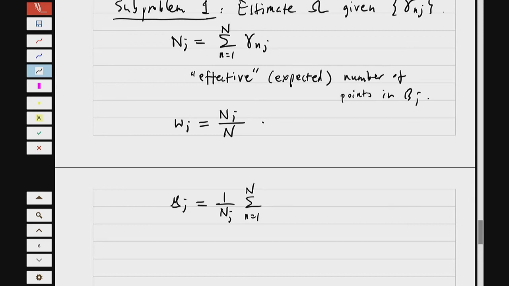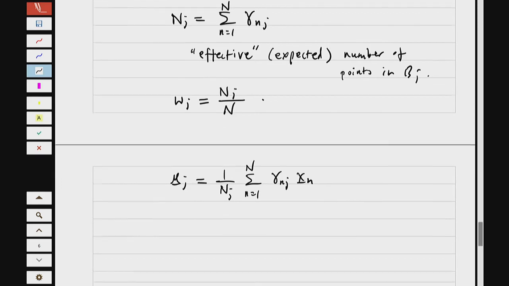So how many is the portion? Well, gamma nj, right? That portion of xn is in bump j. So this is the amount of xn that's in bump j. We have to add up this value over all data points, and then we have the expected value inside this bump. It's still easy to understand, right?